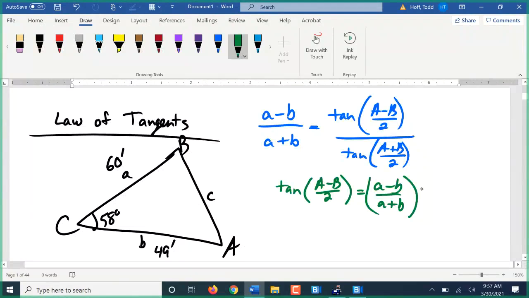We can actually convert that into a cotangent, if we would like to, of C over 2.